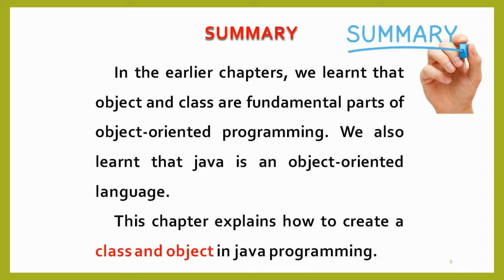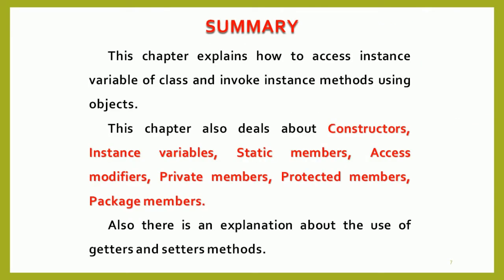This chapter explains how to create a class and object in Java programming. This chapter explains how to access instance variables of a class and invoke an instance method using objects.